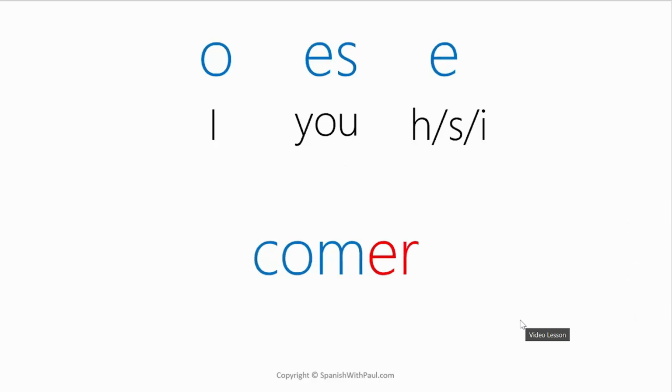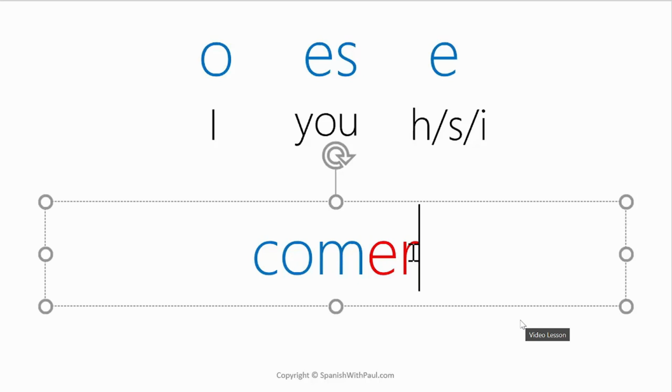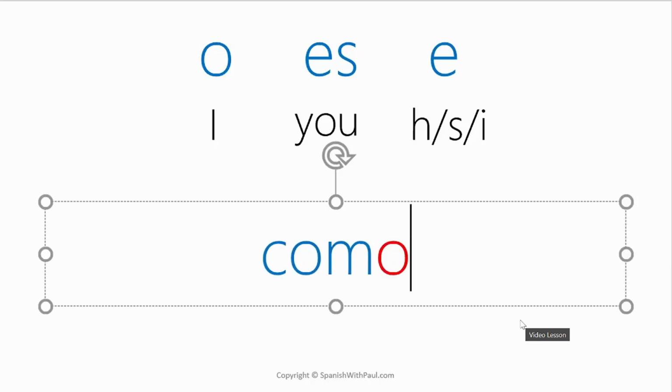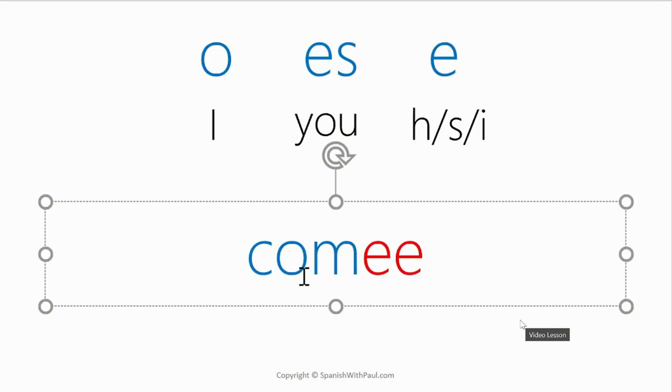And again, this will apply the same for the other verb endings, except that with ER verbs, instead of an AS and an A, it changes to an ES and an E. So again, I eat would be como, but you eat would be comes. And that ties in rather well because you have comer ending in ER, so it's natural to fall into the E. Sorry, let's do this S, comes.